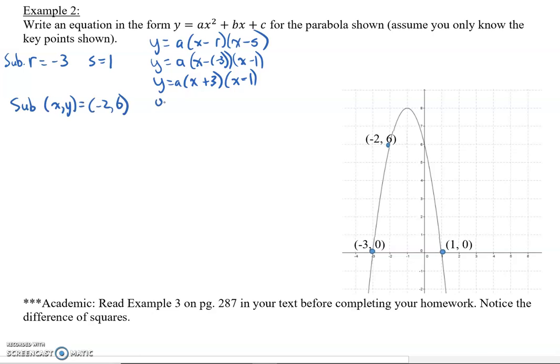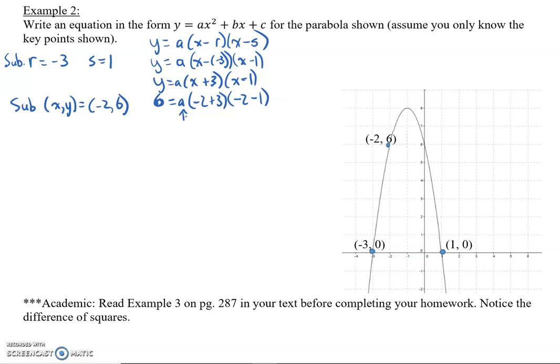So that gives me y is 6, x is -2, and we sub all these in and simplify. Now notice the only value we don't know is a. Just like when we were solving something in vertex form from the graph, we're solving for a again here.